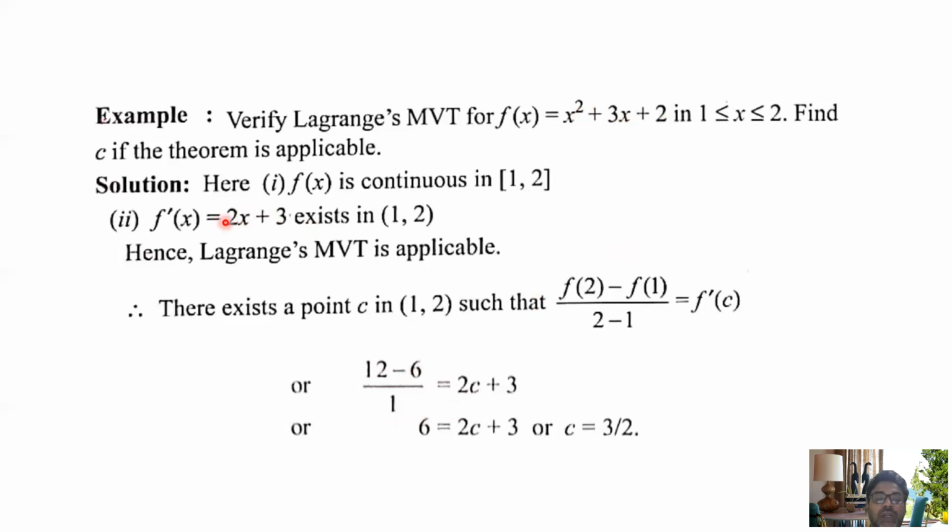What is f dash? Substitute here, 2c plus 3. After simplification, 6 equals 2c plus 3, so c equals 3 by 2, that is 1.5. So from here it is clear that 1.5 lies between 1 and 2.